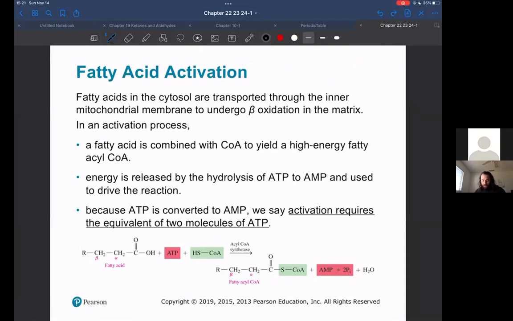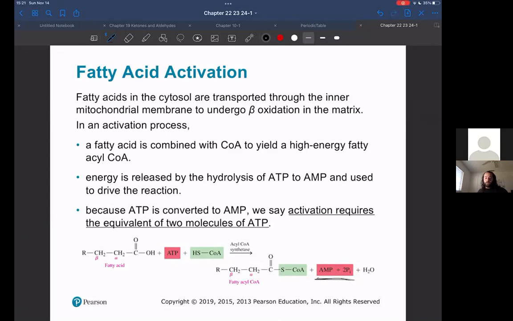So the first thing that has to happen is what's called activation of the fatty acid, and this actually requires an input of ATP. So what we're going to say is this first step, you have to activate your fatty acid, requires an input of energy, and then every step after that gives you an output of energy. The ATP, in order to activate your fatty acid, is actually converted to AMP instead of ADP, so it loses 2 phosphates.